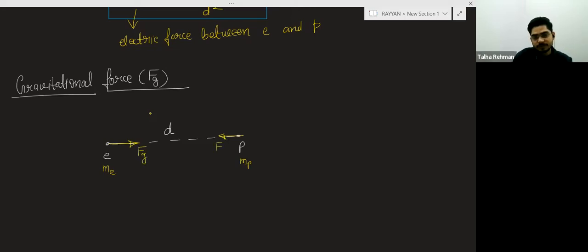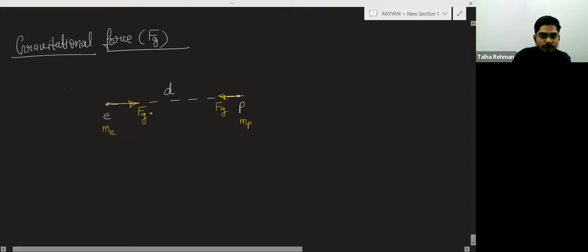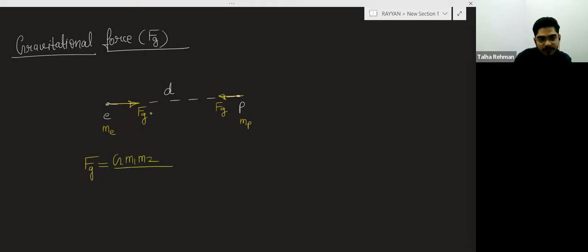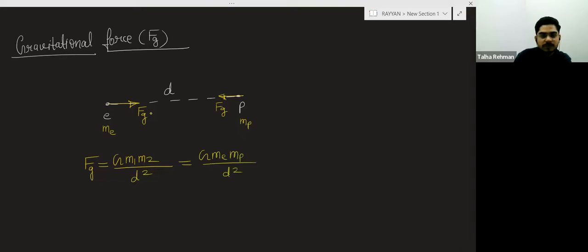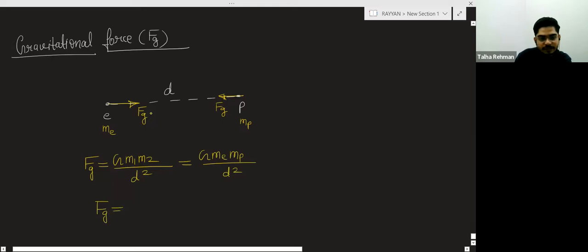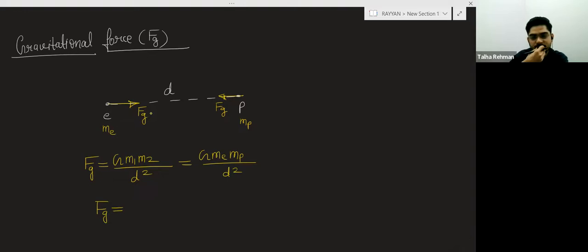Now for calculating the value of the gravitational force, we will apply the formula G m1 m2 divided by d square. So G into mass of electron and mass of proton divided by d square. Tell me the value of G. 6.67 times 10 to the power minus 11.